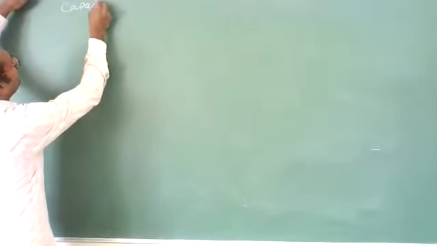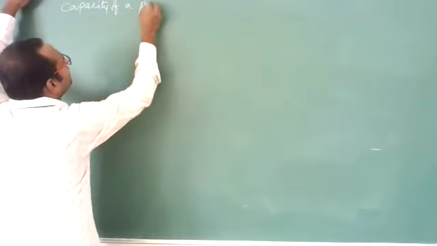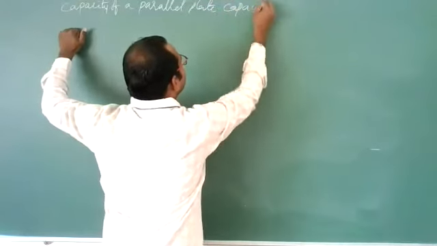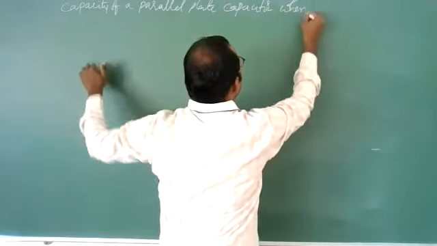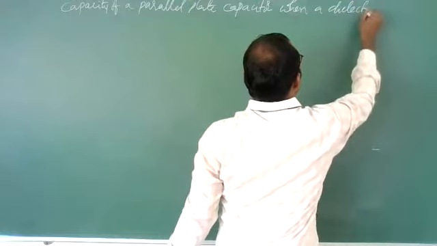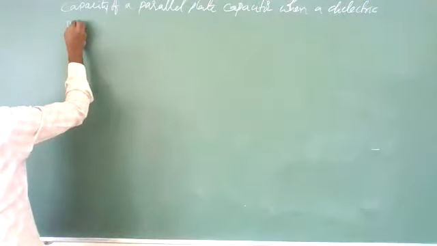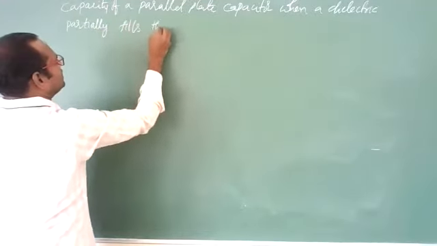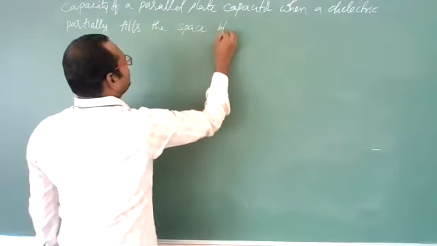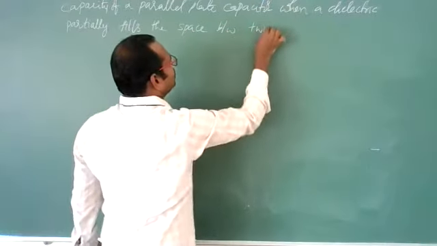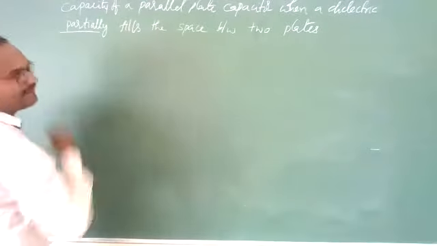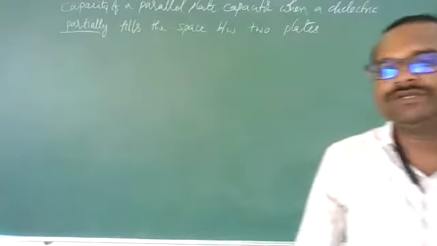The capacity of a parallel plate capacitor when a dielectric partially fills the space between two plates. Now the dielectric is not completely filled. Let us suppose it is partially filled. Then what happened to its capacity?